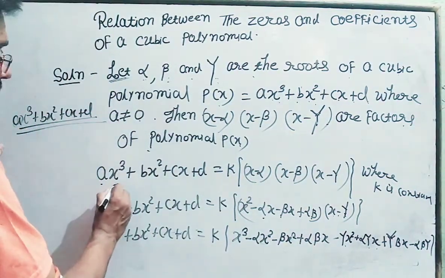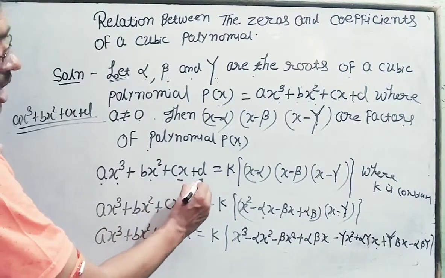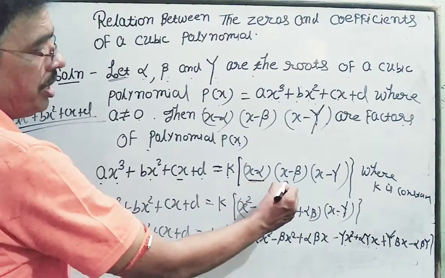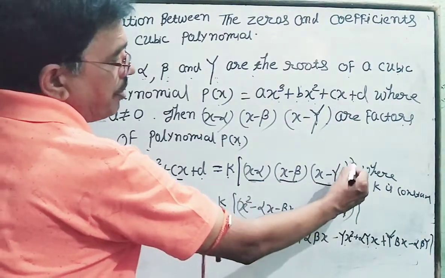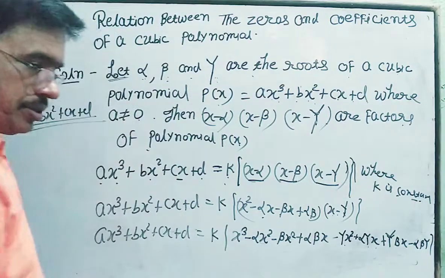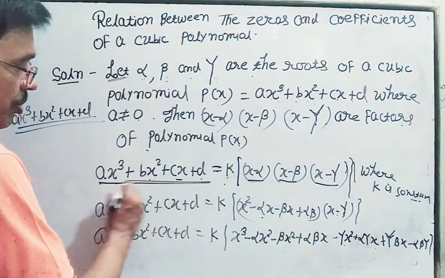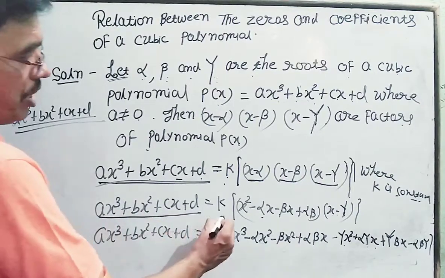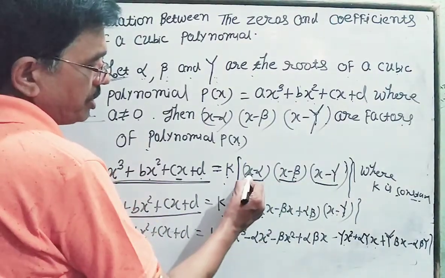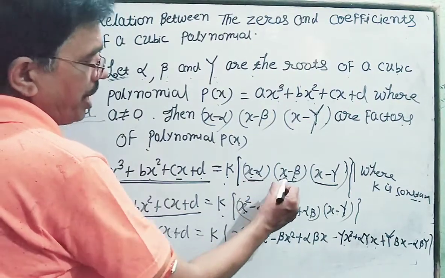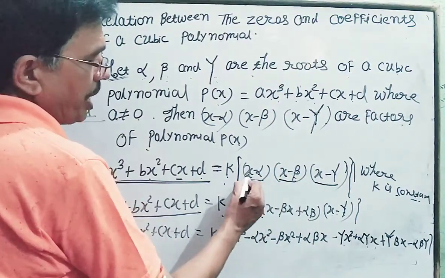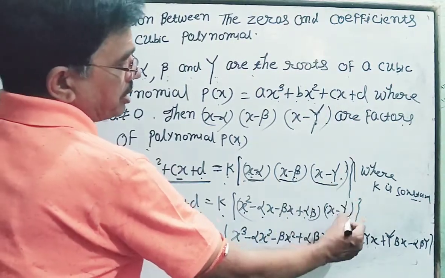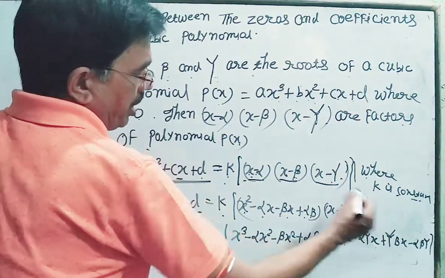So ax cube plus bx square plus cx plus d is equal to k times (x minus alpha)(x minus beta)(x minus gamma), where k is a constant. Now first multiply these two. So x into x is x square, alpha into x is minus alpha x, beta into x is minus beta x, and alpha into beta is alpha beta, and into (x minus gamma), and here is the curly bracket.